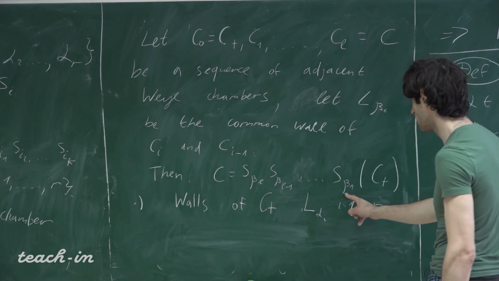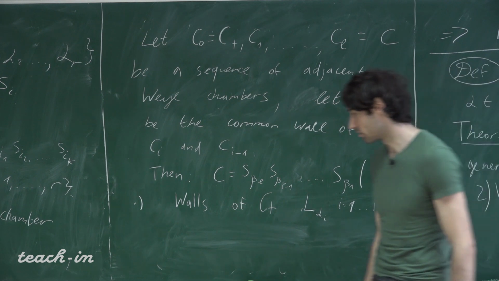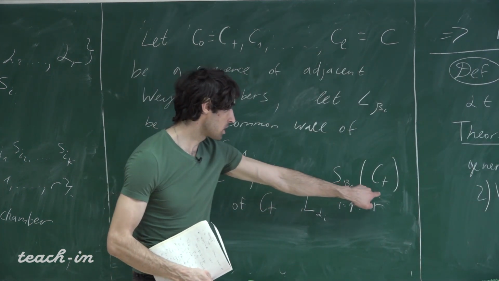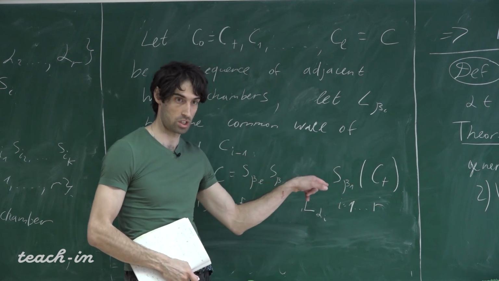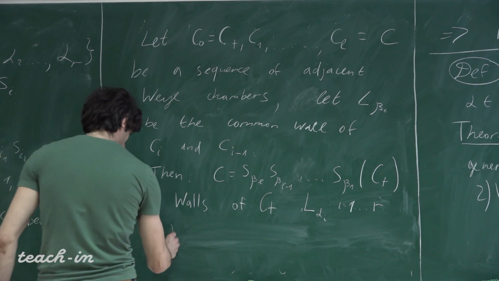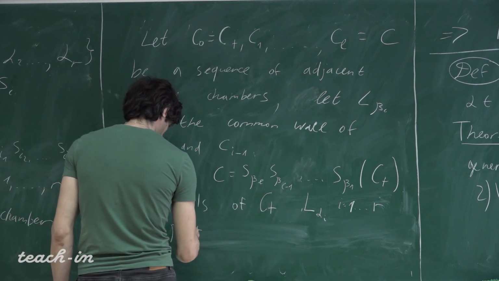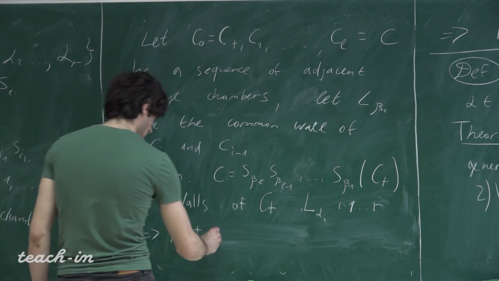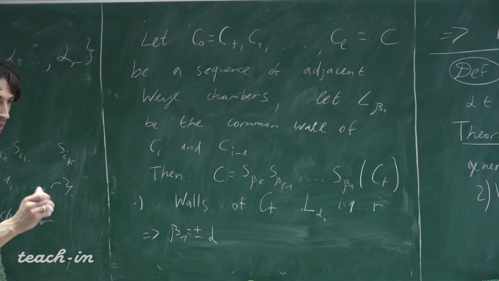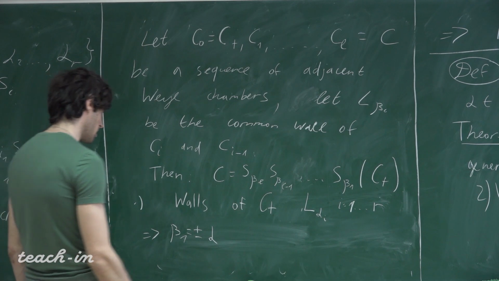Therefore, beta_1 should be plus or minus alpha_i. It doesn't really matter if I choose plus or minus, because the reflection is the same and the hyperplane is the same.